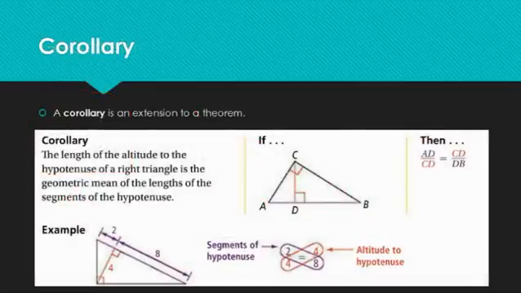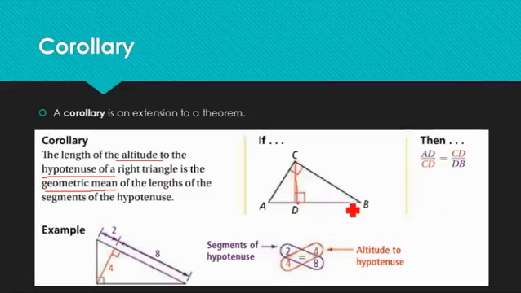There are two corollaries. A corollary is an extension to a theorem. So we just had that theorem about similar triangles when an altitude is drawn. Now this corollary is going to help us apply that to certain problems. The first is that the length of the altitude, in this case CD, the length of the altitude to the hypotenuse, is the geometric mean of the lengths of the segments of the hypotenuse.